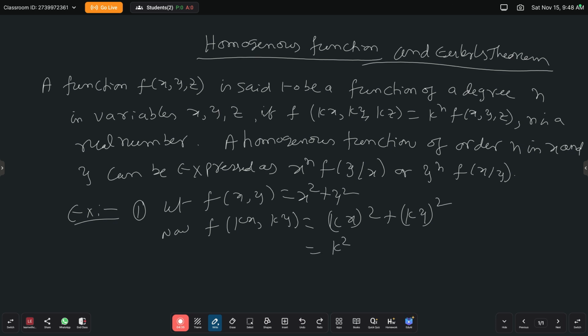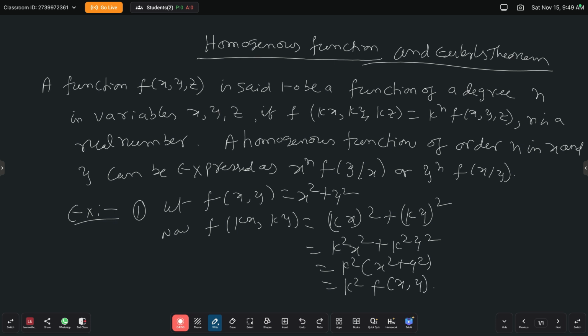Now k square x square plus k square y square. The k square will be common, so k square times x square plus y square. Now x square plus y square is the given function. Therefore, k square into f of x comma y.